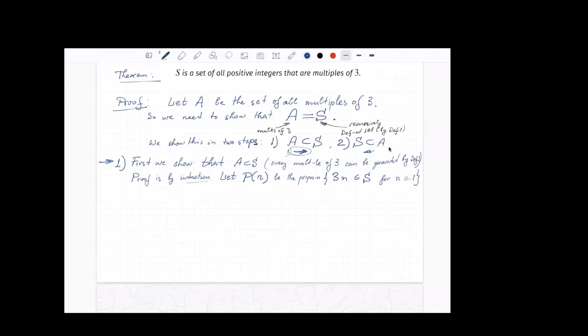Okay. What's my next baby step in this sub-proof? I've written down my inductive hypothesis. Now, what's my basis step? Why is P1 true? What does P1 say?